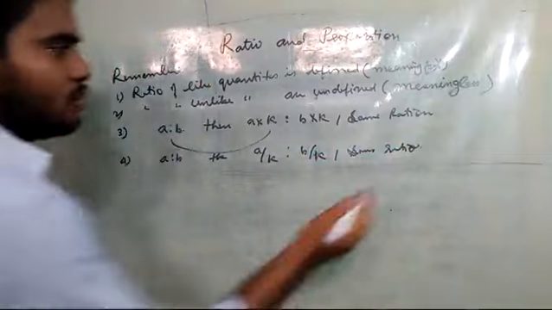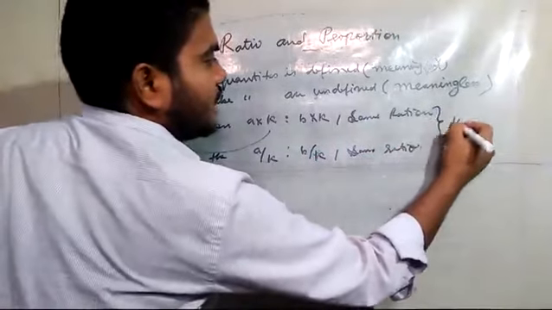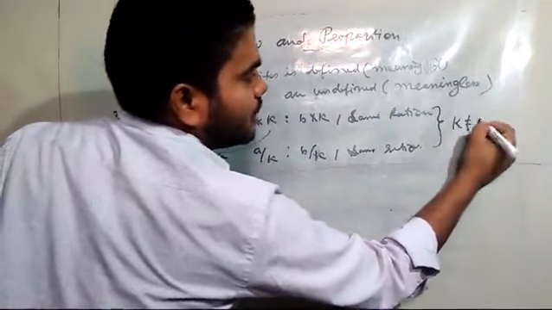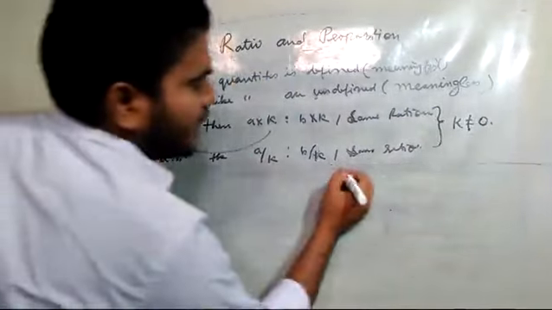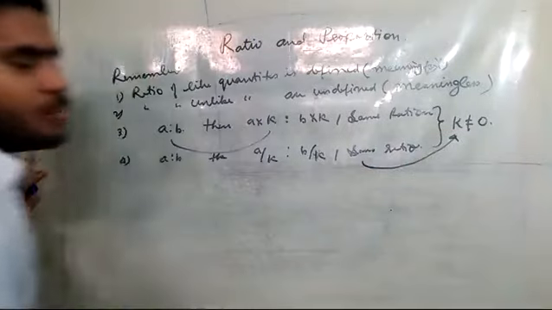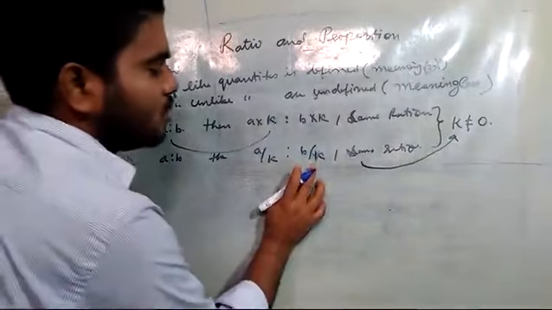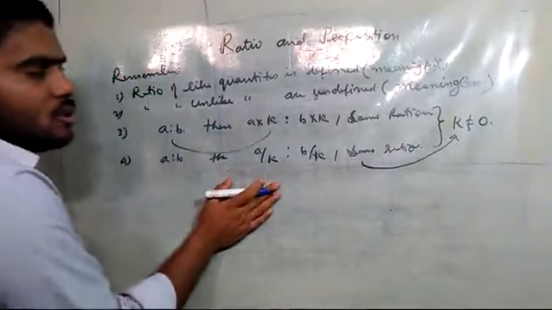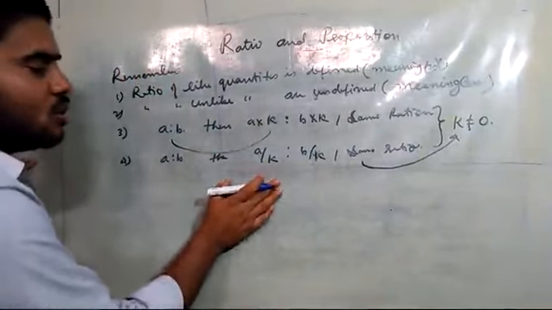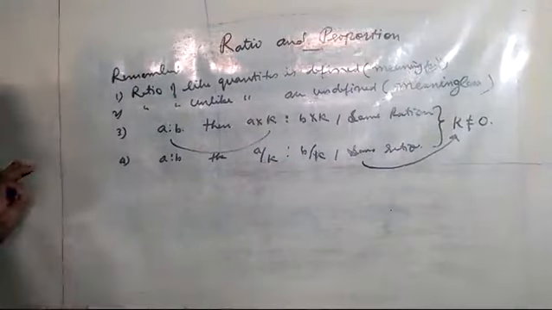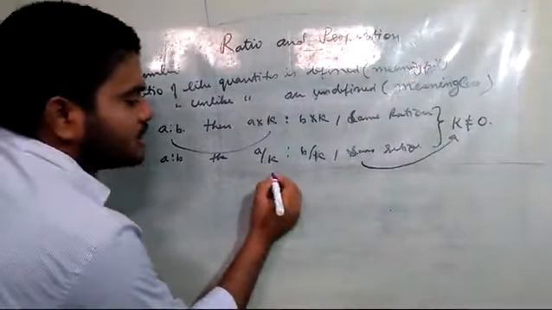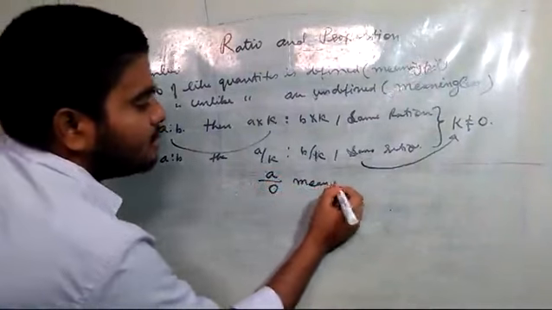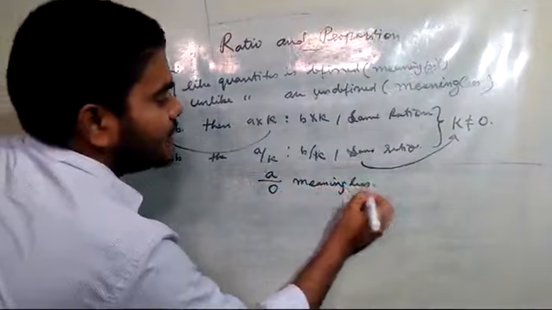Now, one thing you have to remember in these two cases is that the K value should not be equal to 0. If K is equal to 0, then as I have told you in the rational number chapter, A by 0 is meaningless, that is undefined.